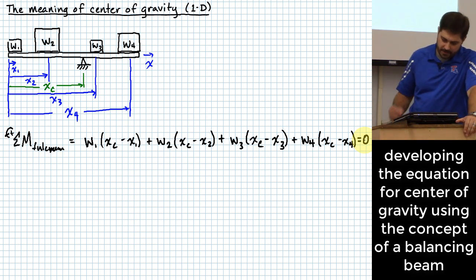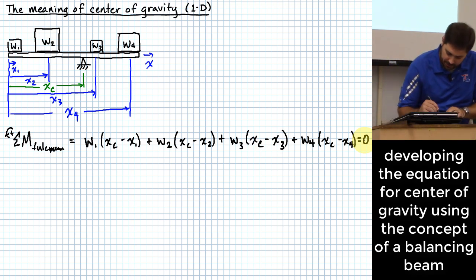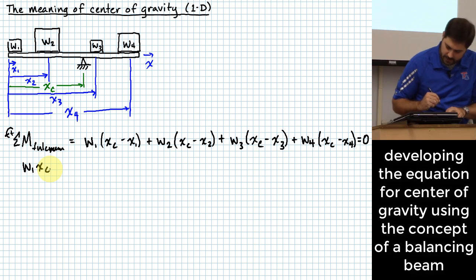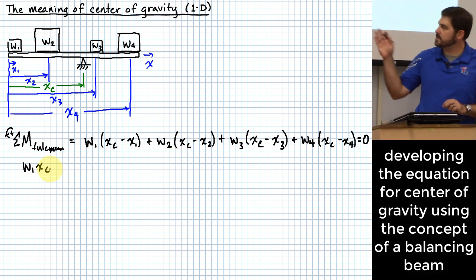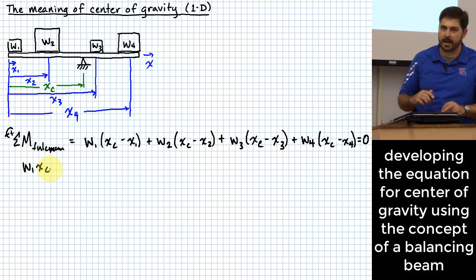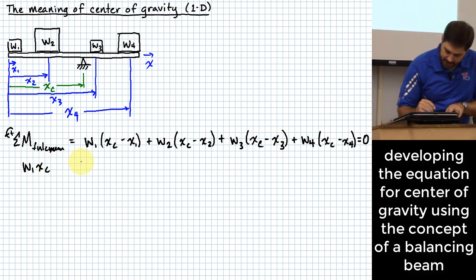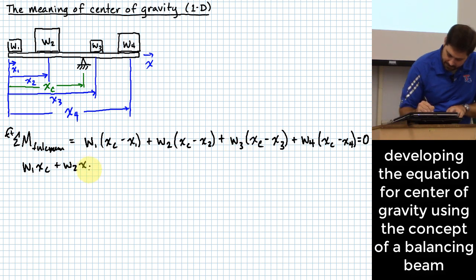In other words, if I expanded each one of these terms out, I would have like W1 x sub c, right? And in the interest of making this clean, I could do that process for each term. So I could do W1 xc plus W2 xc plus W3 xc plus W4 xc.